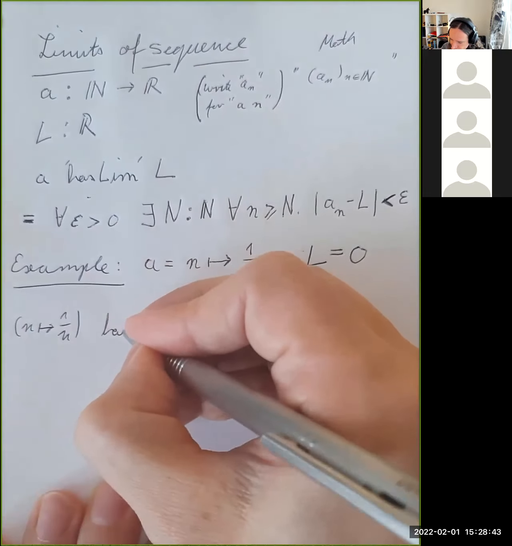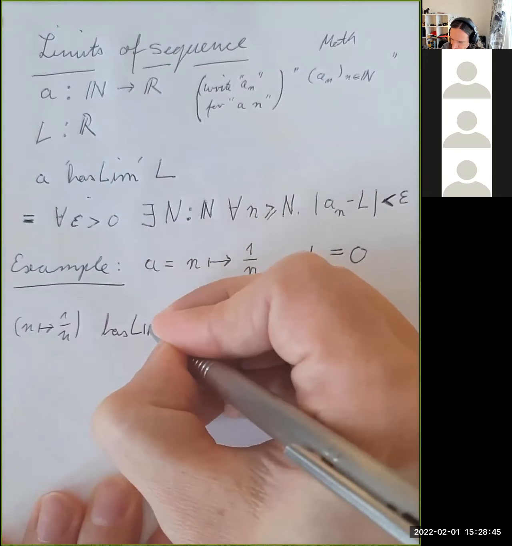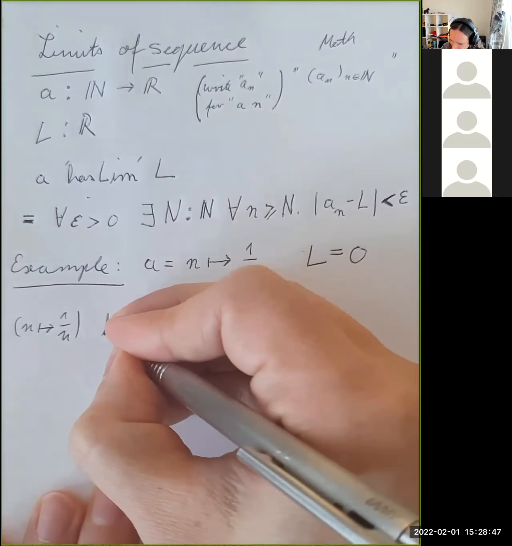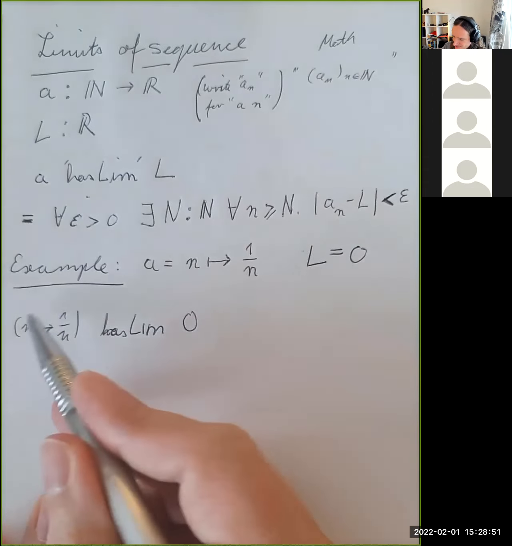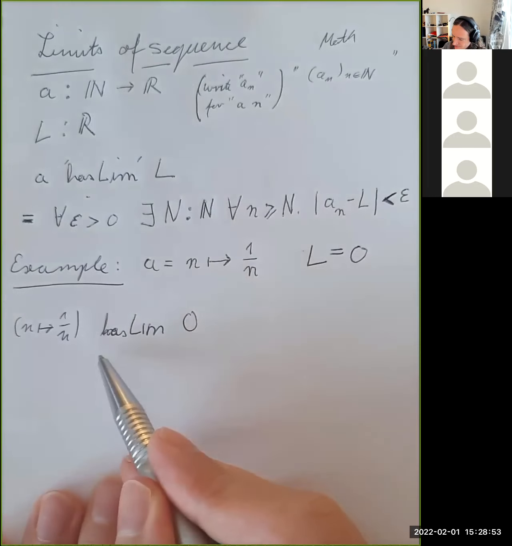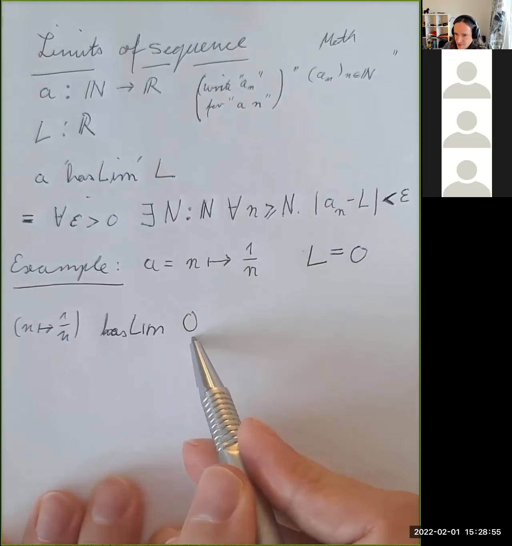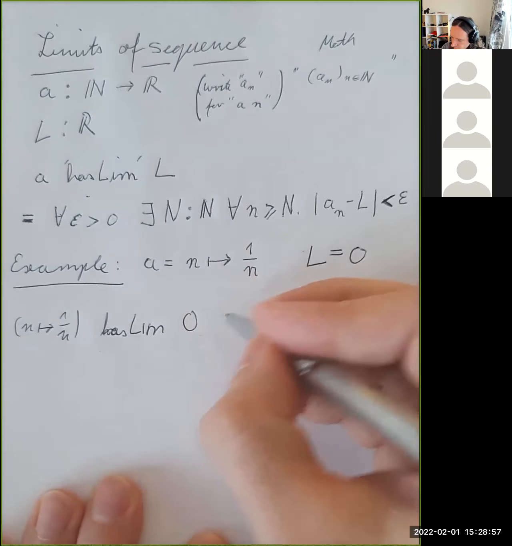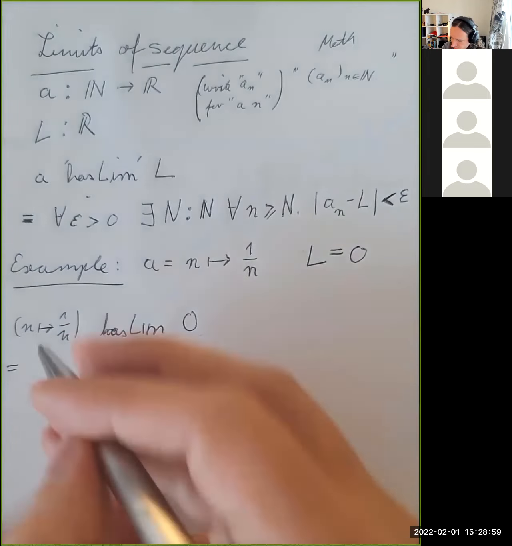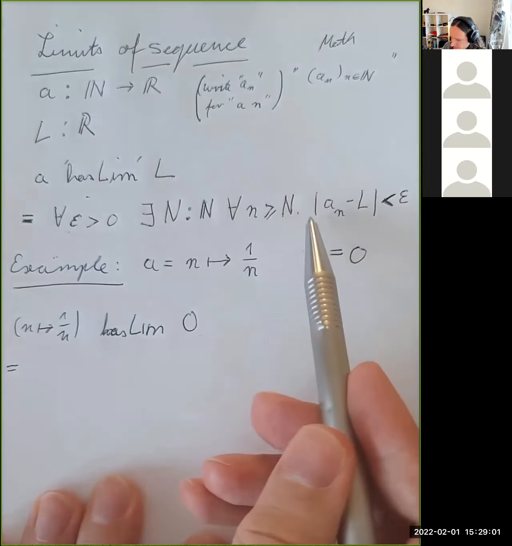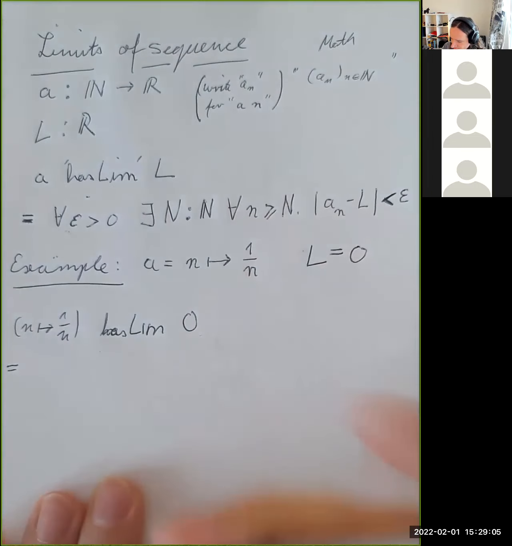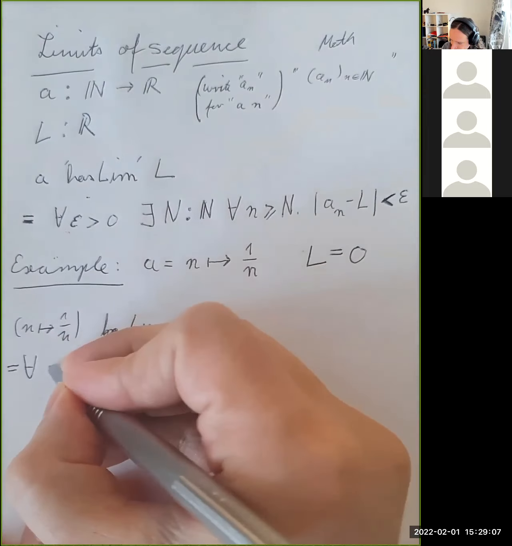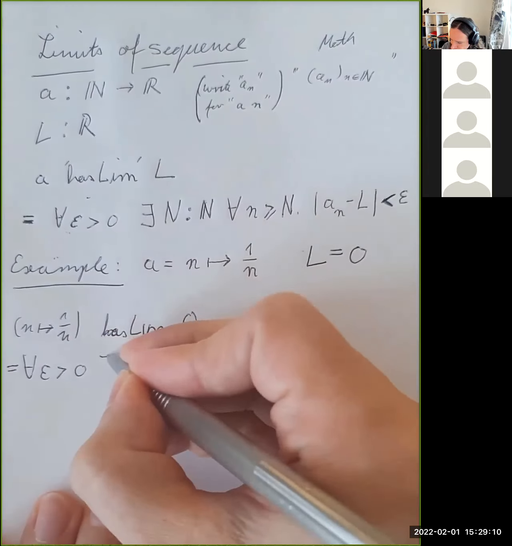Yeah, maybe I should put more effort into my letters. Sorry. So the sequence n goes to 1 over n has limit 0 is equal to the following. So here, nothing happens. So I just write it down.